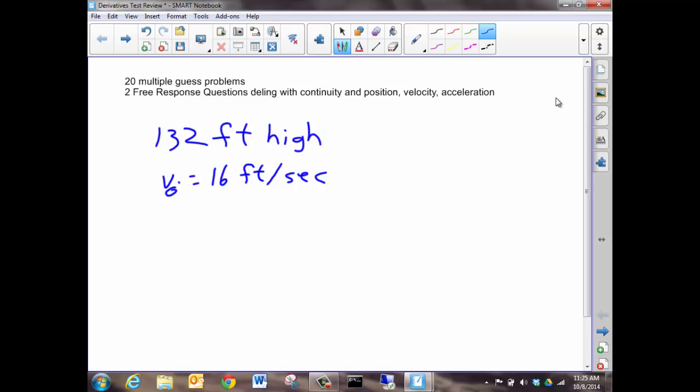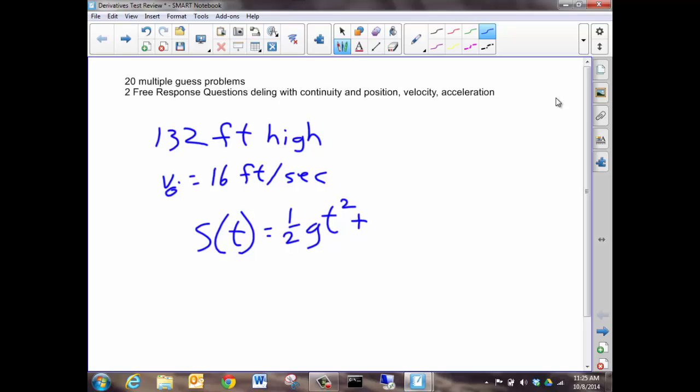What's the position function? There's our first question. How do I write my function for position? 1/2 g t squared plus what? Anyone remember?